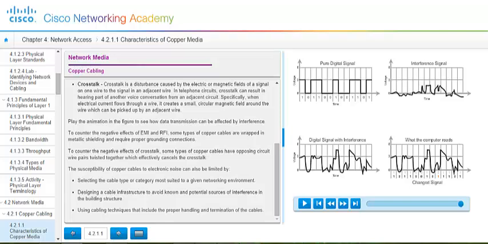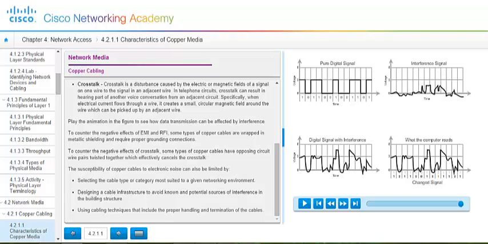To counter the negative effects of EMI and RFI, some types of copper cables are wrapped in a metallic shielding and require proper grounding of those connections. And to counter the negative effects of crosstalk, some types of copper cables have opposing circuit wire pairs twisted together, which effectively cancel the crosstalk.